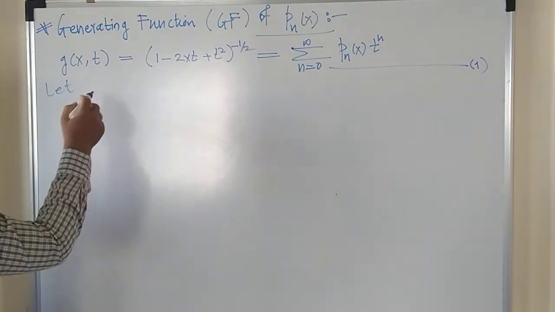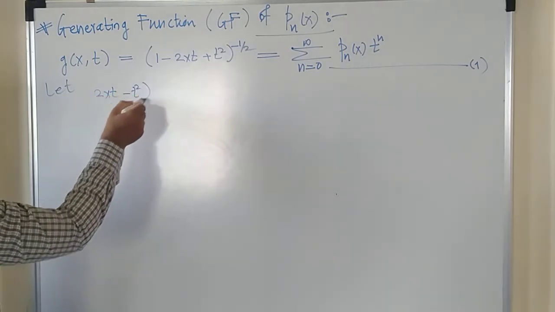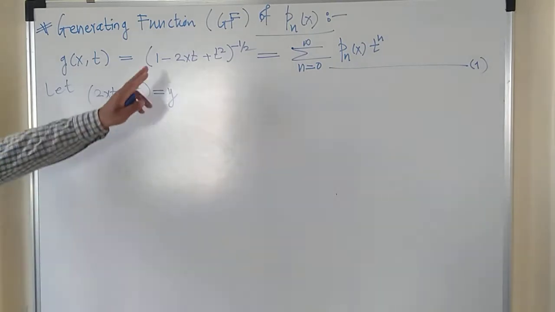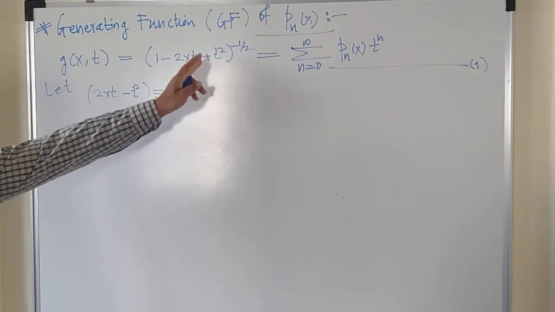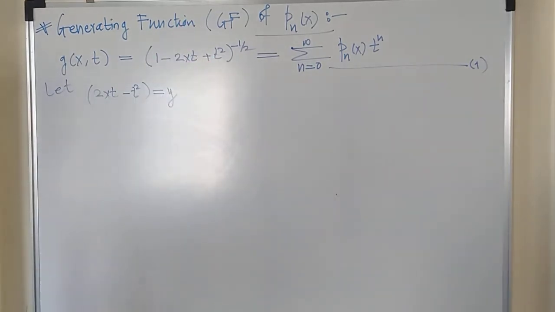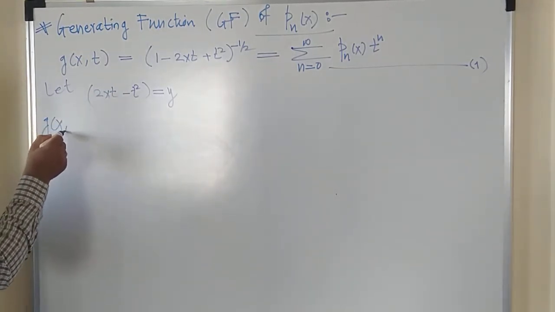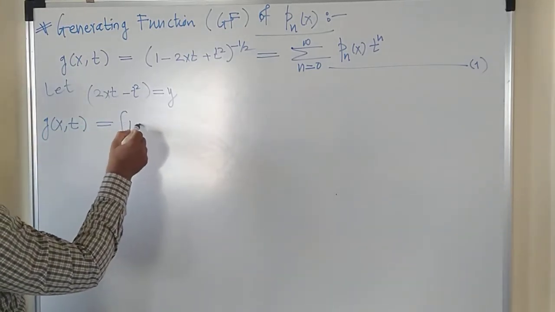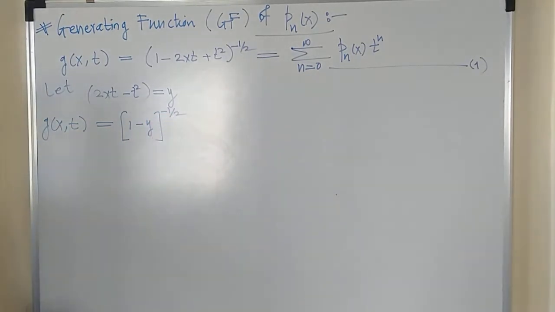Let us take the negative sign common, so 2xt minus t square is equal to y. Then this will be equal to 1 minus into bracket 2xt minus t square, so minus minus will become plus, raised to some power. Therefore with this substitution you can write the generating function g of x, t as inside the bracket 1 minus y raised to power minus half, isn't it?